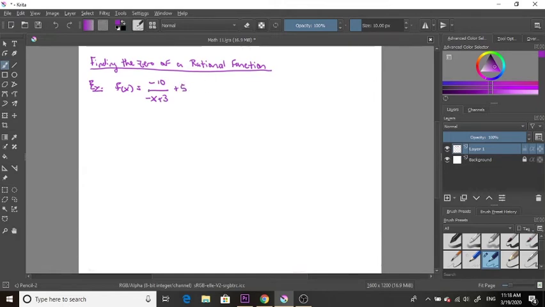Once again, the first step, we take this and make it a 0. Then let's bring the positive 5 over. It will become negative 5.